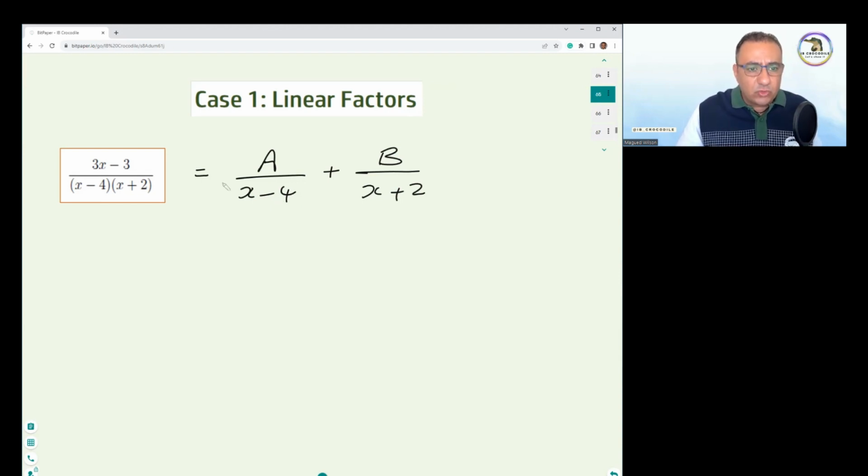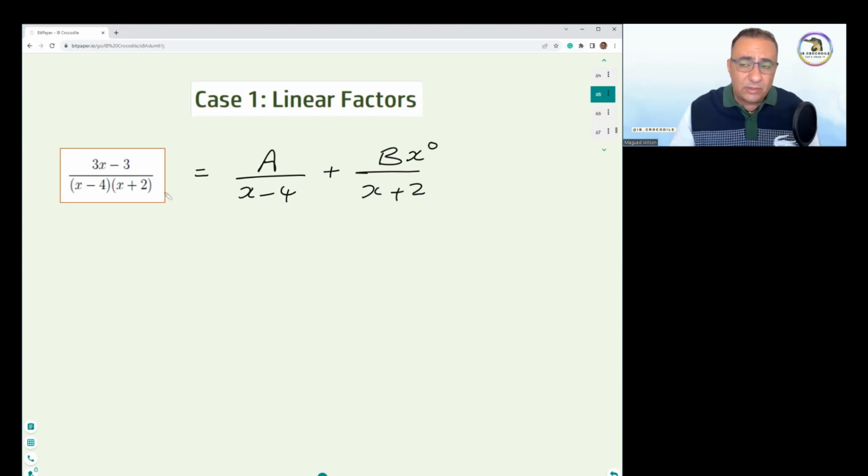So that's why I chose a as a constant, which is basically 0 degree. Again, x plus 2 is first degree, linear. So the numerator has to be of 0 degree, as if you multiplied b by x to the power of 0, so that's 1 degree lower than the degree of the denominator. Now if you would like to combine these two fractions, you would choose the common denominator, x minus 4 times x plus 2.